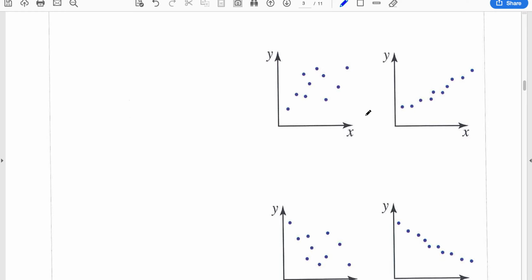If you have a look at this one on the left, as the EV value is getting bigger, we can see that the RV value is rising as well. So for example, this EV value is the lowest, and it's also the lowest RV value. Whereas if we go to the highest EV, it's also close to the highest RV value as well. So when we see this happening, and the one on the right is the same, the dots are sort of drifting upwards, this is called a positive association.